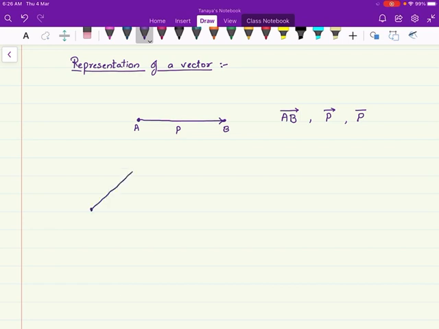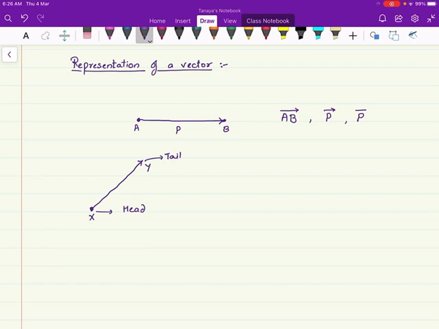If I have a vector like this, my vector x, y, x is the starting point and y is the end point. So the arrow is pointing towards y. This starting point is called the head of the vector, and this is called the tail of the vector, or the end point, whatever.